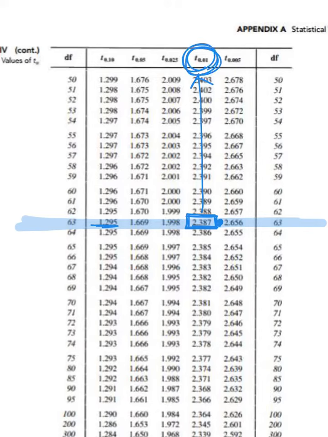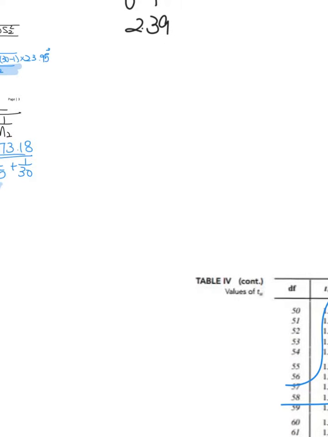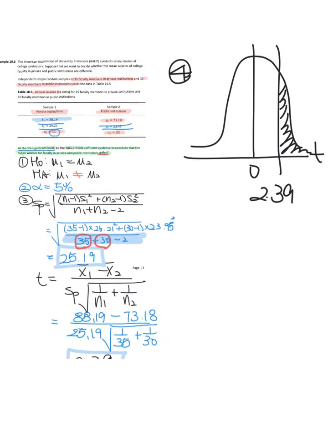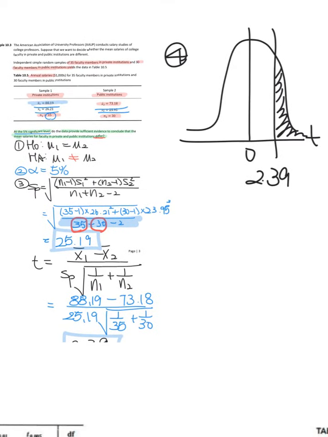There is a 1%. Where is the 1%? When I make the t distribution, the 1% must be at the right end. How much do you expect here then? Roughly 1%. Is it the p-value?